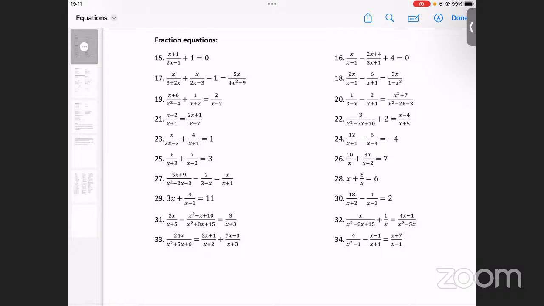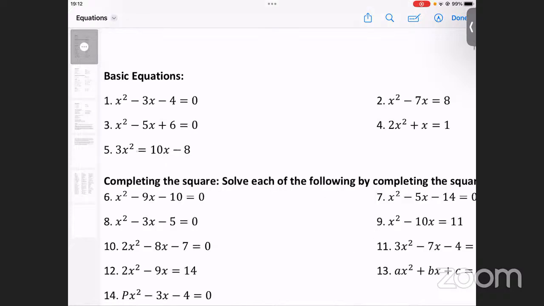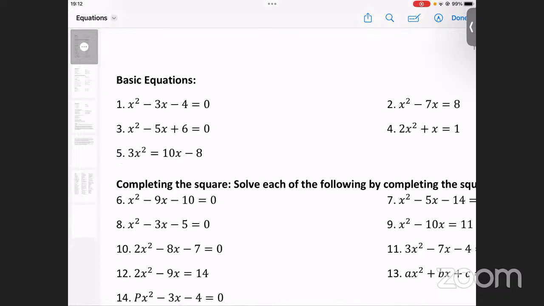Whether you are seated or preparing to go to bed, you just watch the video and it will take you through everything that we have done. All that you need is the ability to absorb the information without having to write. Maybe before we jump onto those fractions, let's have a look at these basic equations.